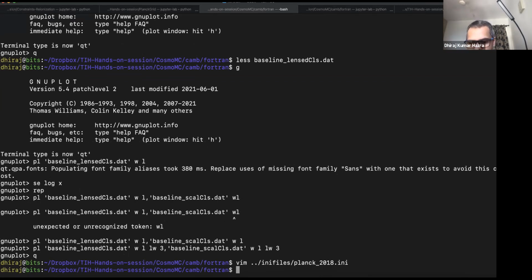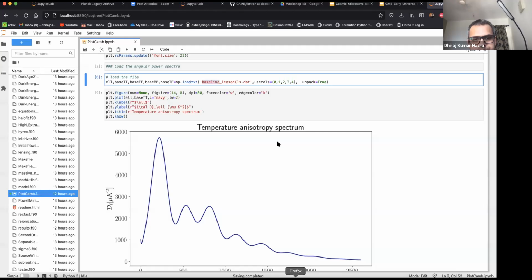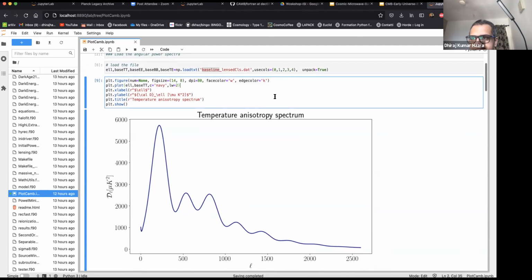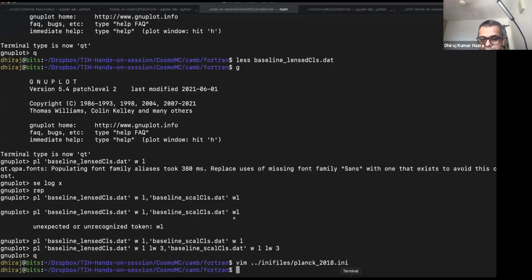Once you do that, please open the notebook. Here is the terminal screen.